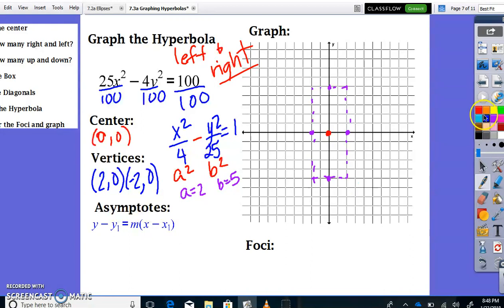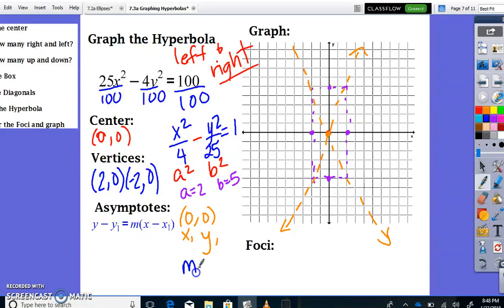So for asymptotes, those are going to be these dashed lines. It's going to be the dashed line here through that center of the box down to that center, and then through that corner of the box through the center and down to that corner of the box. We're going to use the 0, 0 point again for your x1, y1 since it does go through the origin. That makes it the easiest point to use.